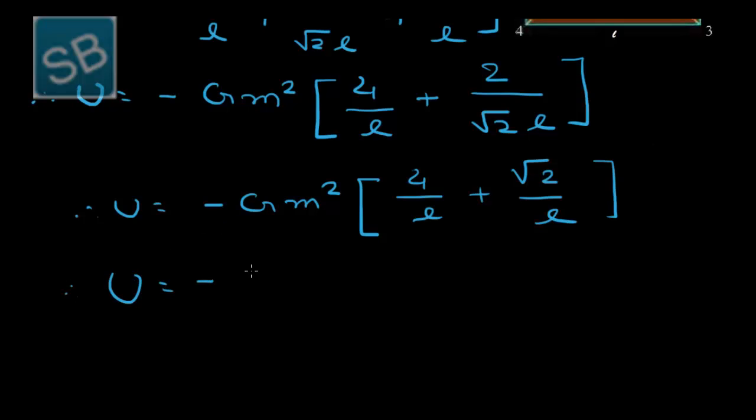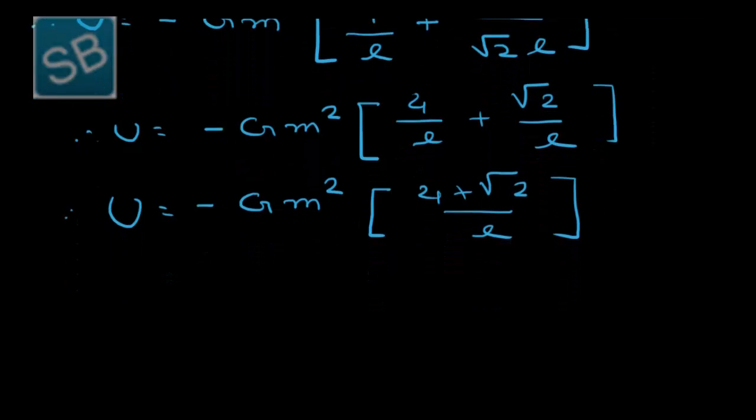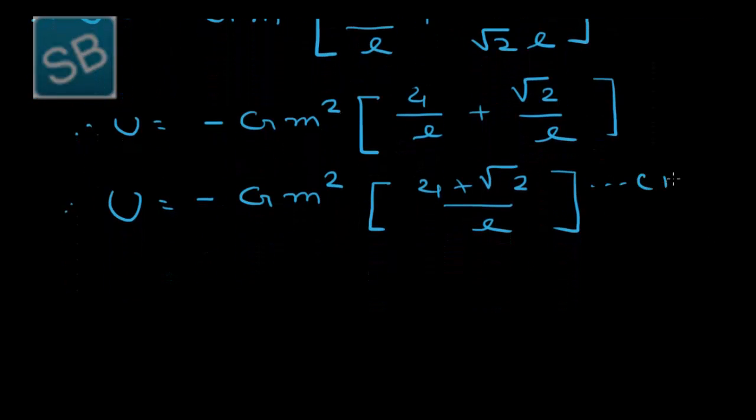Therefore, U is equal to minus G m square into 4 plus under root 2, divided by L. Now, this is the total, but we also have to find the gravitational potential at the center due to each particle. So this is our first result which we have obtained.